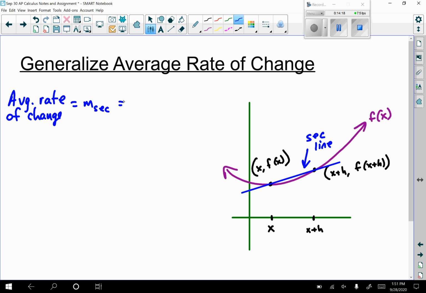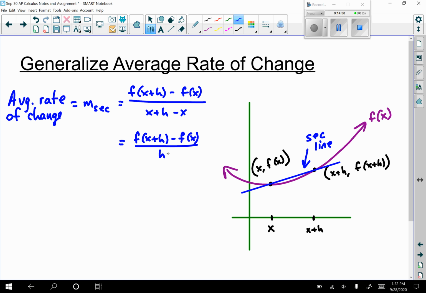And based off of the generic points I picked here, y2 minus y1 is going to be f of x plus h minus f of x, all over x2 minus x1, so x plus h minus x. Then by cleaning up that denominator, I still get f of x plus h minus f of x all over h, because the x's cancel out. So this is the generalization for the average rate of change, the slope of the secant line.